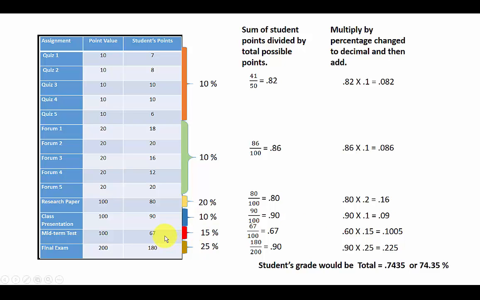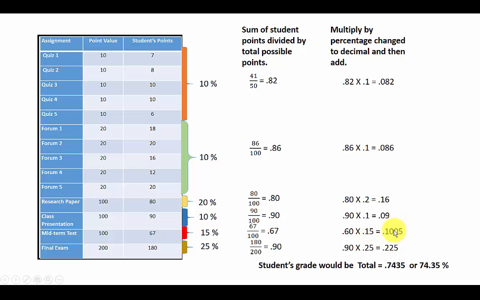Made a 67 though on the midterm test, but then that midterm test counts 15% of their grade. So they got 67 out of 100, which would be 0.67. So then I take the 0.67 times 0.15 equals 0.1005.